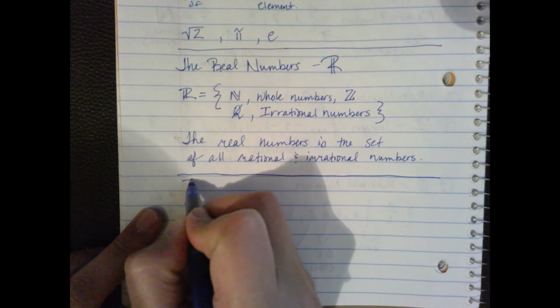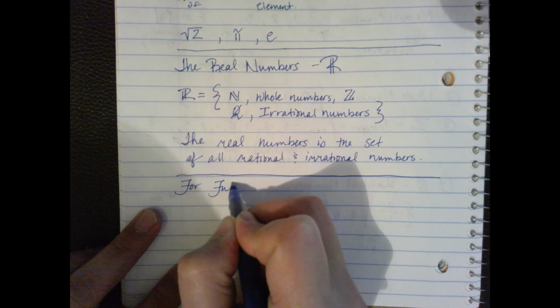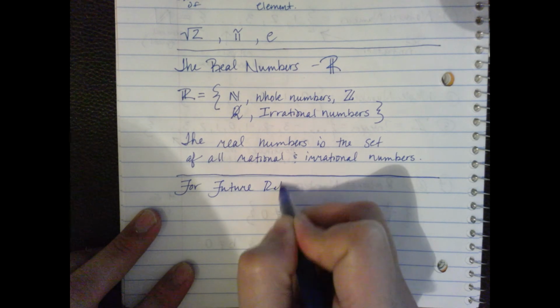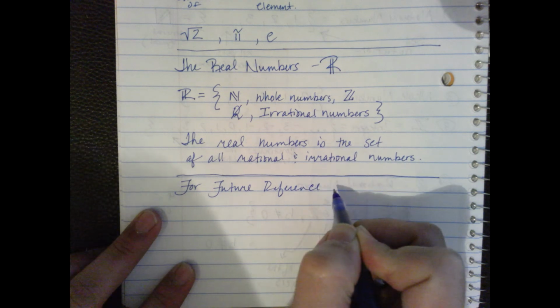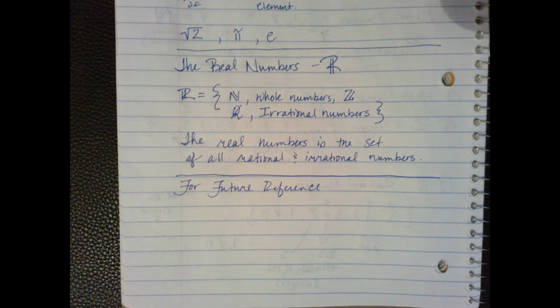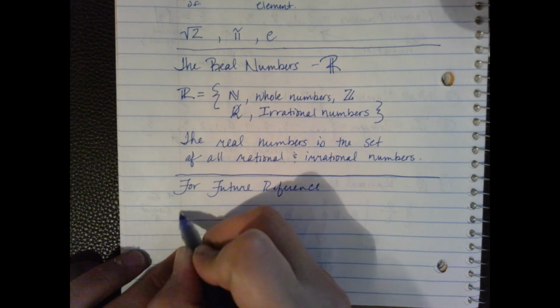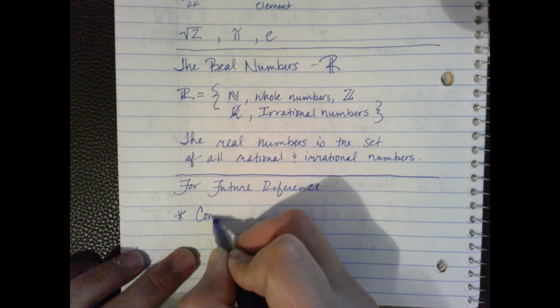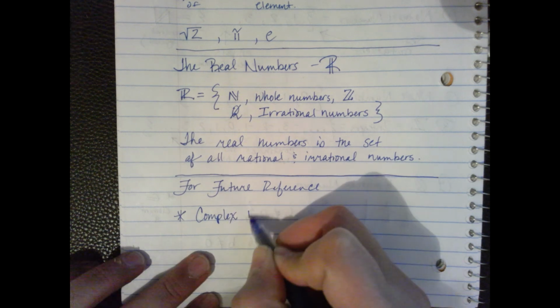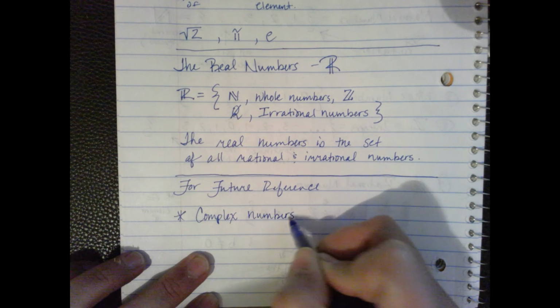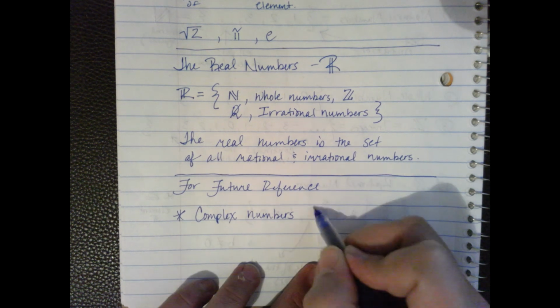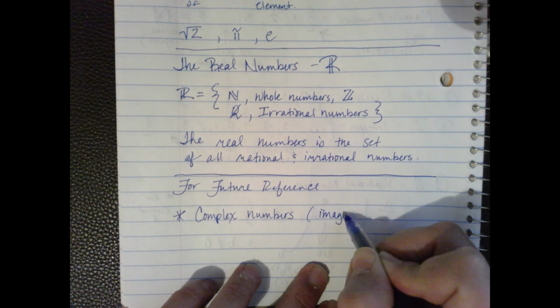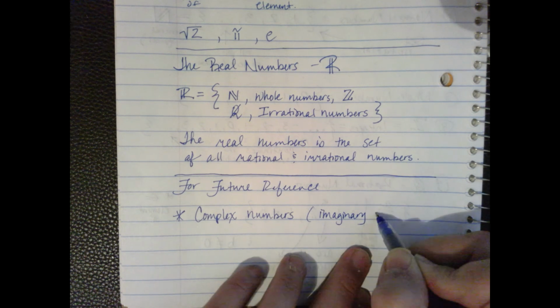For future reference, we call our number system that we're going to use most of the time the real numbers, and these are all the numbers that you're familiar with. There is another set of numbers coming, called the complex numbers, sometimes referred to as imaginary numbers.